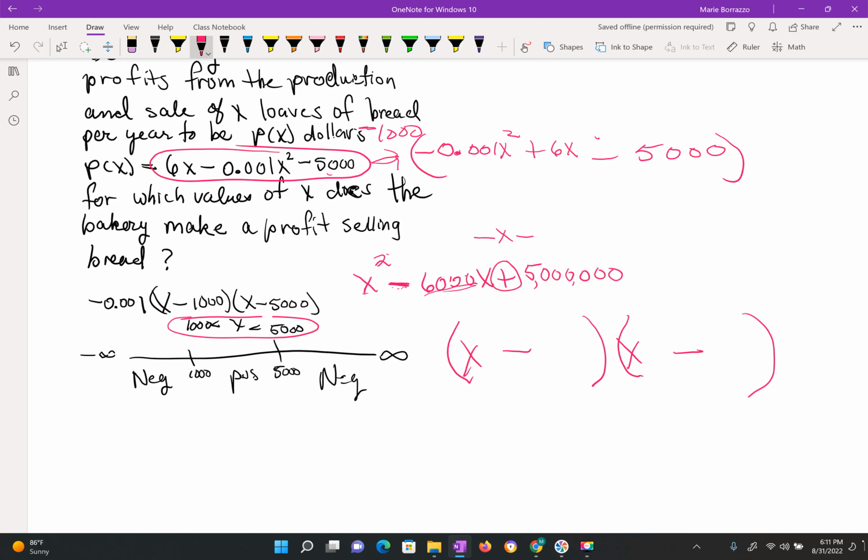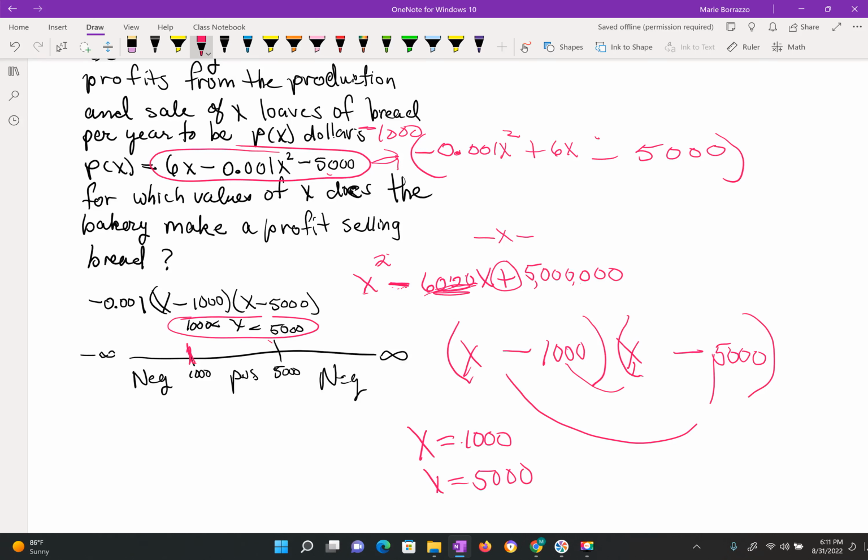That's why we put 1,000 and 5,000. The inner and outer terms give 6,000. So your values are x equals 1,000 and x equals 5,000, and those are your cutoffs.